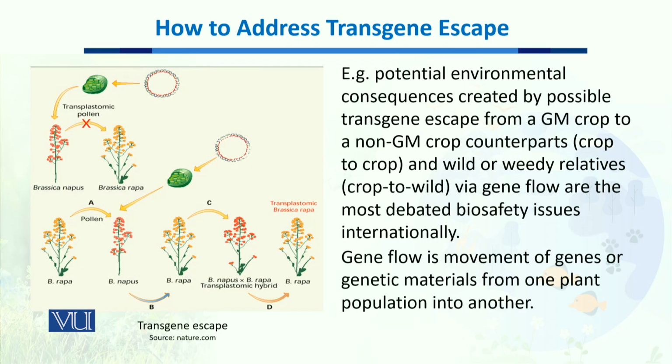When we talk about transgene escape, it means that one gene is introduced into a certain species, and when it is grown in a certain environment or in fields outside, there are highly likely chances that those transgenes can escape from that species to the neighboring species or to the wild varieties.